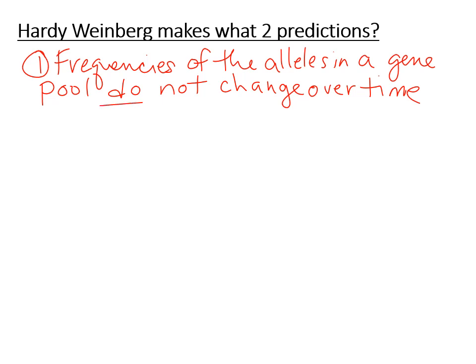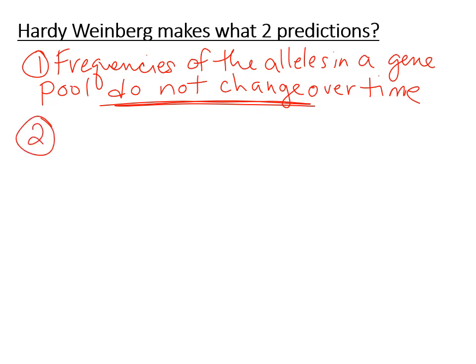And remember, Hardy-Weinberg is referring to an ideal population, a population at equilibrium. So it makes sense that you don't want to see frequencies fluctuating in something that's supposed to be stable or at equilibrium.